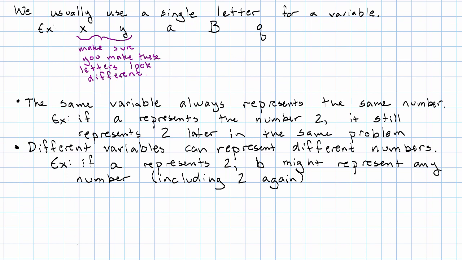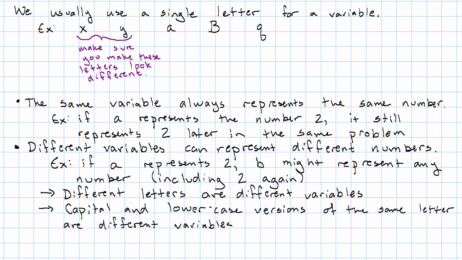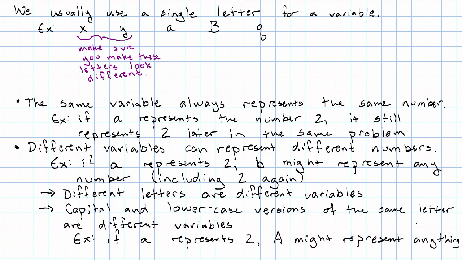This different variables thing is a little bit tricky. Different letters are different variables, of course, but it's also the case that the capital and lowercase versions of the same letter are different variables. So for example, if little a represents 2, capital A might represent any number.